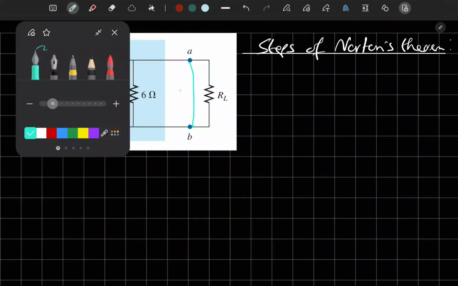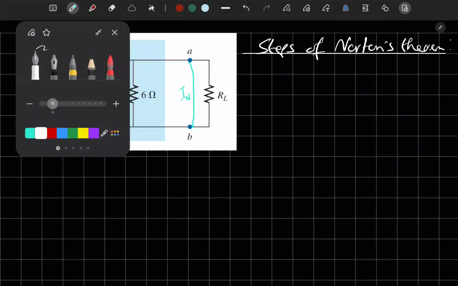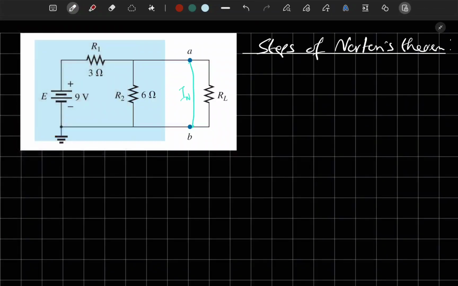This will be IN, passing through here. So the first step is to find RN, Norton's resistance. We find RN the same way we found RTH.